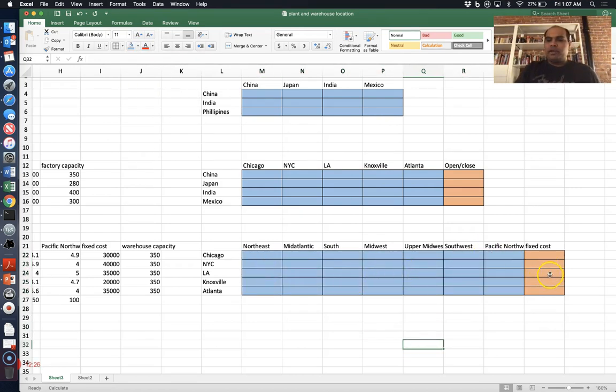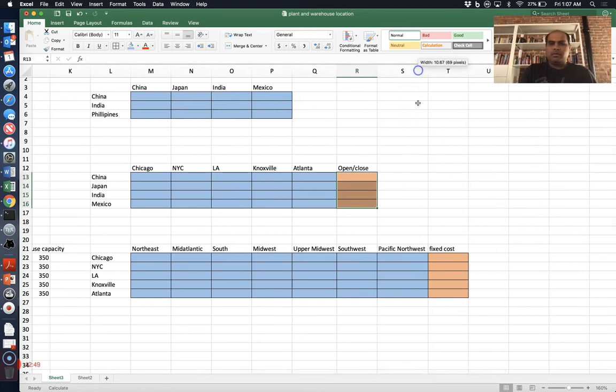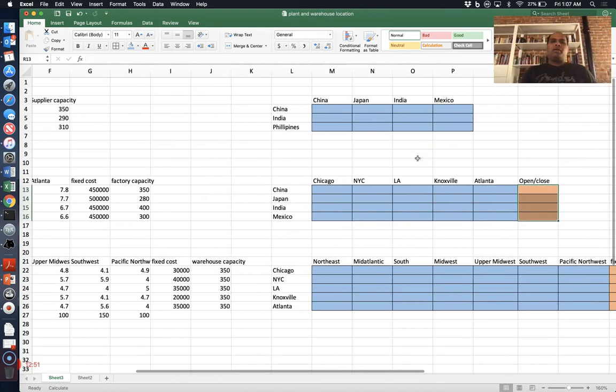So these are the Y variables, the ones that I have colored in I guess red, and the ones in blue are the Xij variables. So 3 sets of Xij variables and 2 sets of Yi variables. So these tell me which warehouses are going to be open, and these tell me which plants are going to be open. Right? Okay. Now this is where the decision variables are going to be.